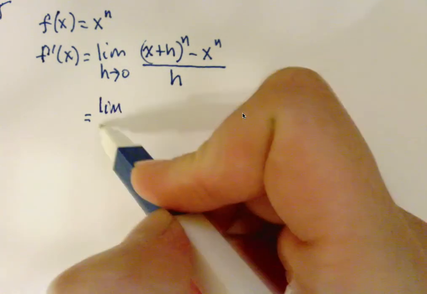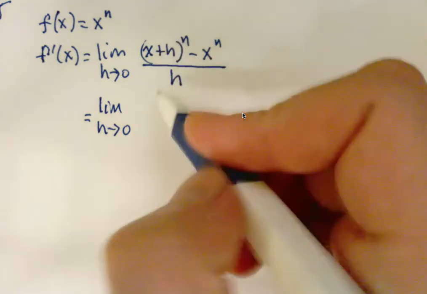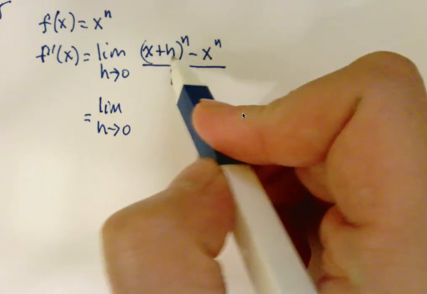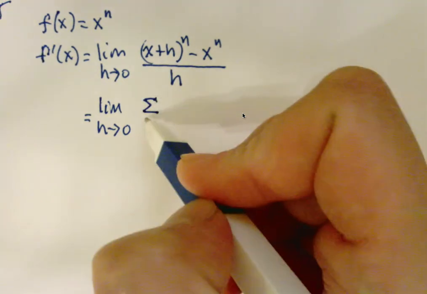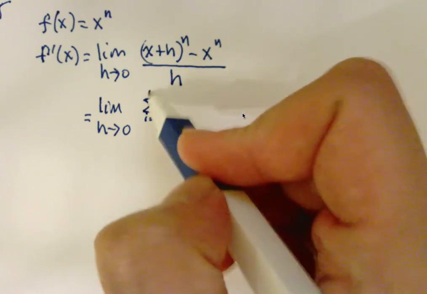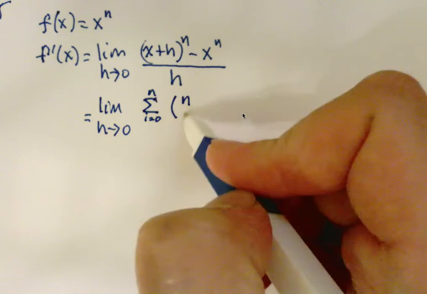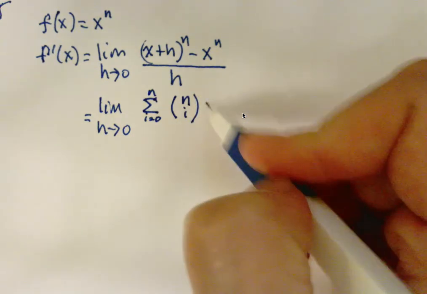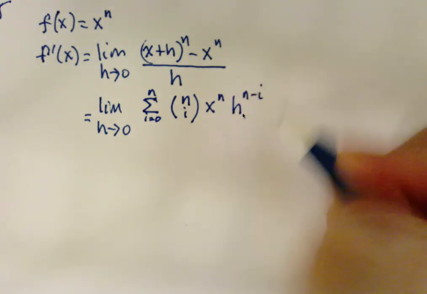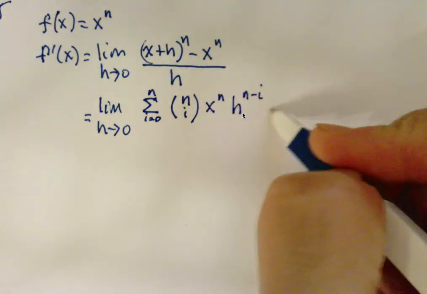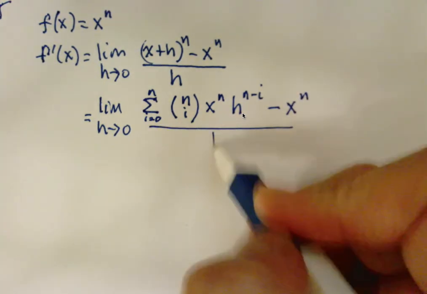The binomial theorem says that this term, x plus h to the n, is equivalent to the sum from i equals 0 to n of n choose i times the coefficient, x to the n minus i, h to the i, minus x to the n all over h.